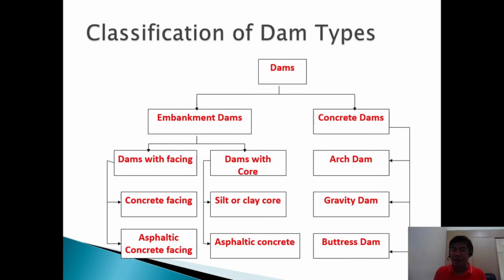For the embankment and earth dams, we have the dams with facing, dams with cores. It could be a silt or clay core or asphaltic concrete. So it could be made of a concrete facing or an asphaltic concrete facing. Meaning it depends on the type of material for the earth. We will discuss specifically the earth dams.